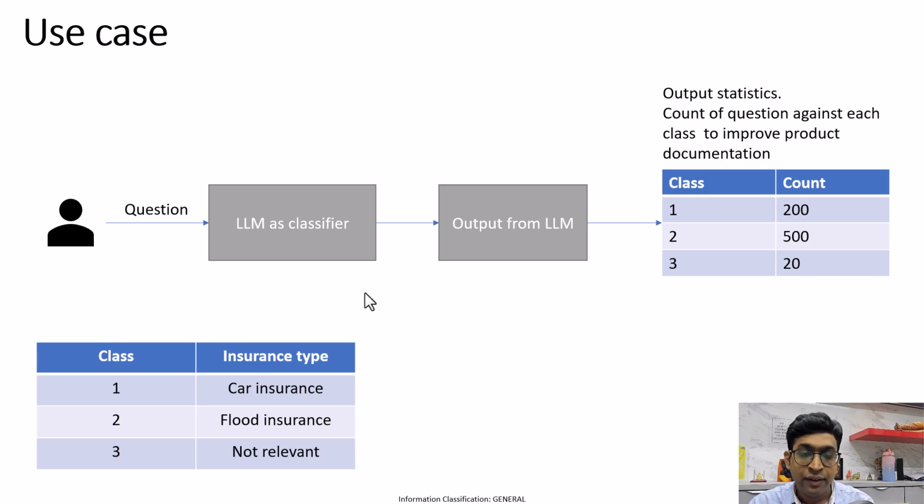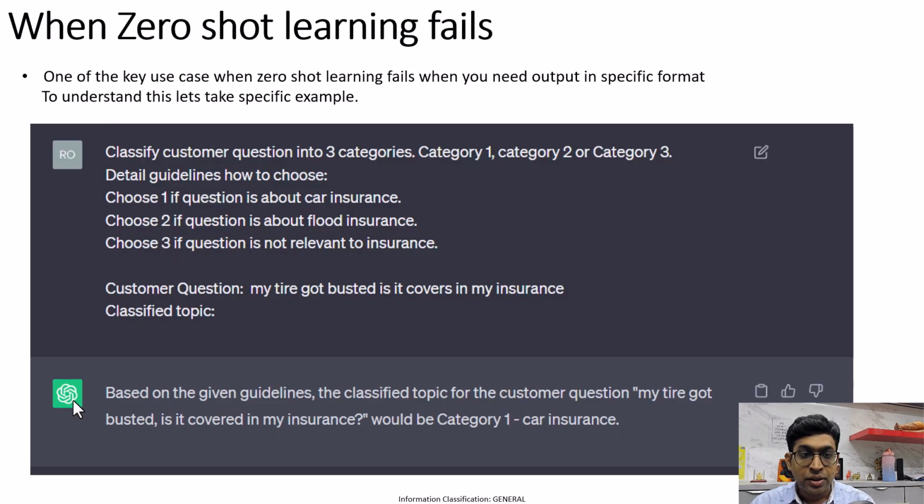Here we need LLM to act as a classifier. The output of the LLM then be ingested via a downstream process so that you can do a basic statistics. Here we have class 1 as a car insurance, class 2 as a flood insurance, and maybe class 3 not really relevant. So let's try the prompt.